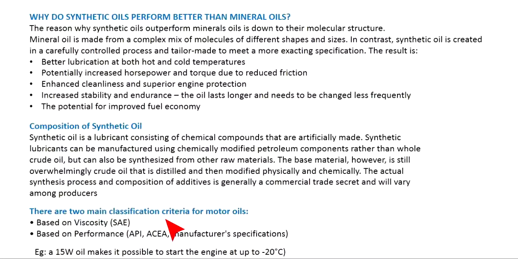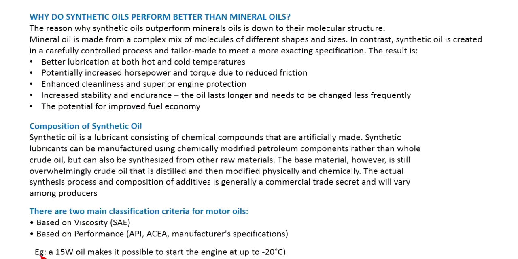These lubricants can also be classified. They can be classified based on viscosity, which we call the SAE standard, Society of Automotive Engineers, and based on performance, that is API or ACEA manufacturer specification.